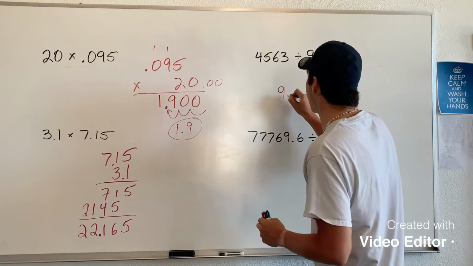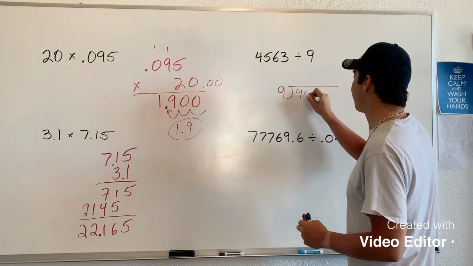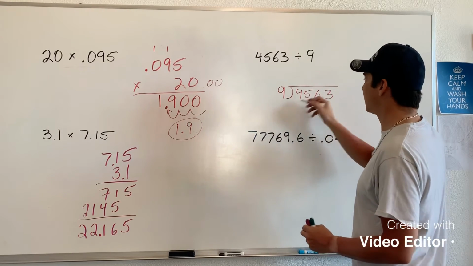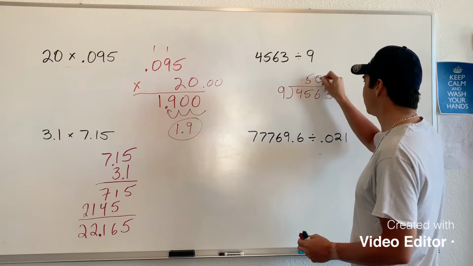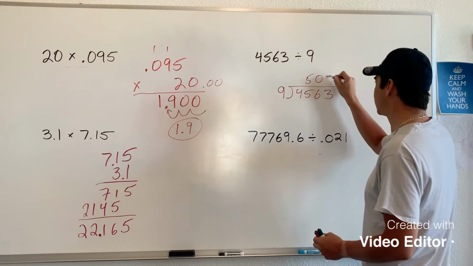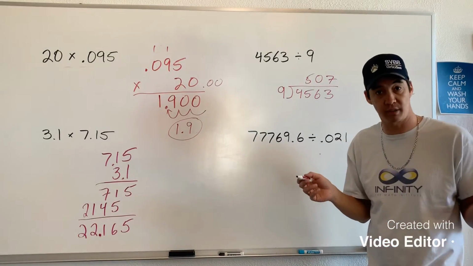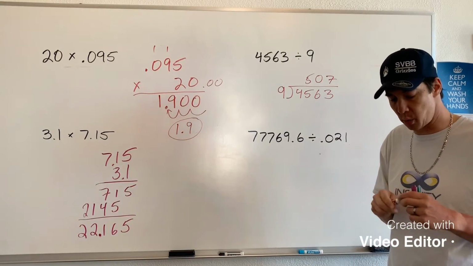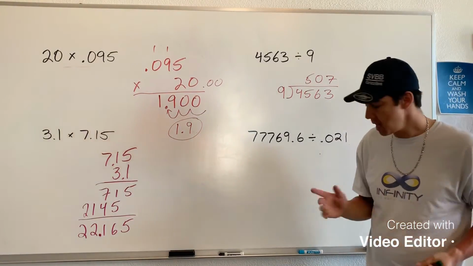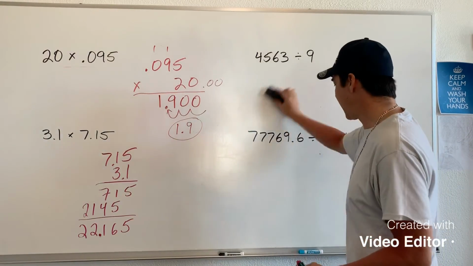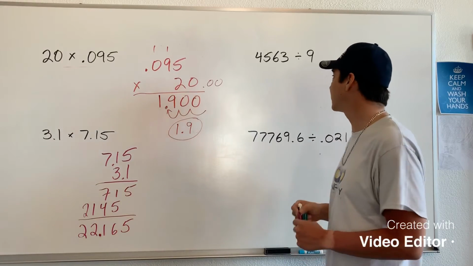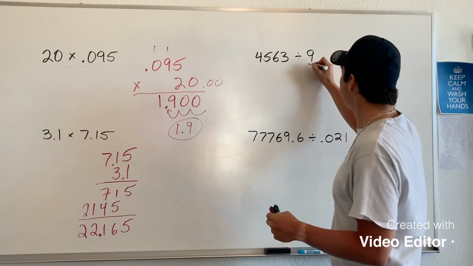We just do 9 into 4563, which is equal to 5, no remainder, 9 doesn't go into 6, 9 goes into 63 7 times. It's 507. That should be your quick review on long division. But my question is, what if we have 4,563 divided by 0.9?